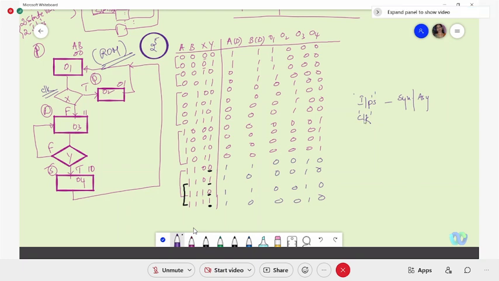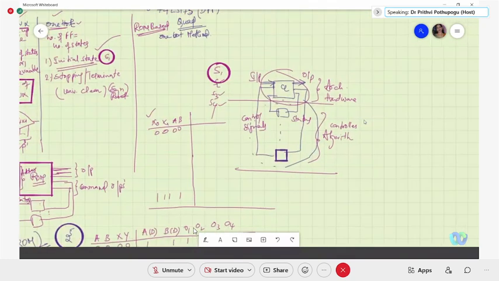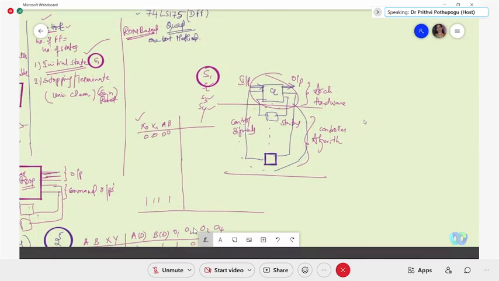What is the type of clock means something like this. You have different D flip-flops here, or a combination of D flip-flops. Are they synchronous or asynchronous?